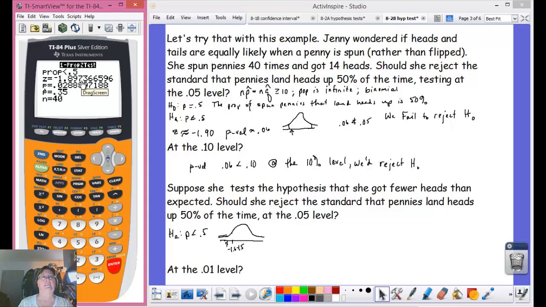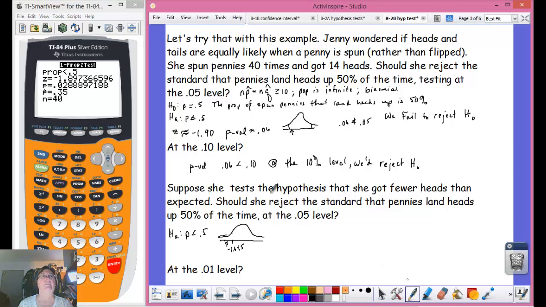We have a test statistic that comes out at negative 1.90. That's not changing. Okay? What does change is the p-value. In fact, if you look at this, the p-value is now 0.03. So not only would we reject at the 5% level, because remember, if the p is lower than alpha, 0.03 is less than 0.05, she'd reject.